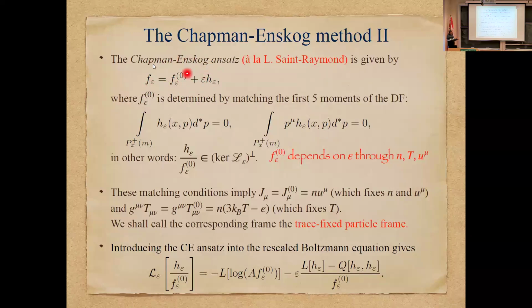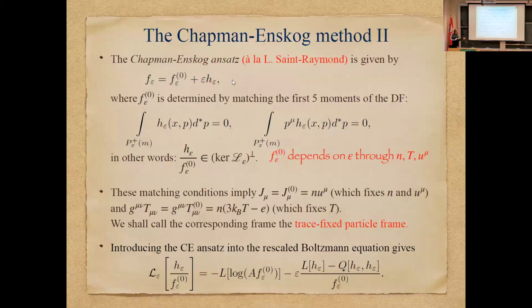So you assume you want to construct a family, depending on epsilon, of distribution functions. And you write this down as a local Maxwell-Jüttner distribution function plus a correction which will be of the order of at least epsilon. So H epsilon will be the correction term.